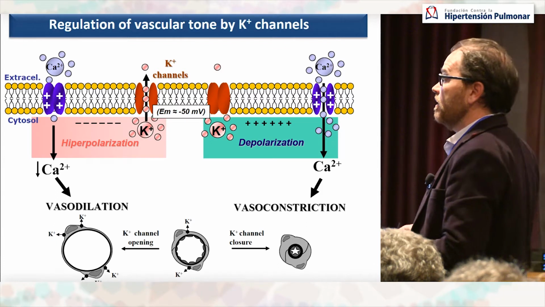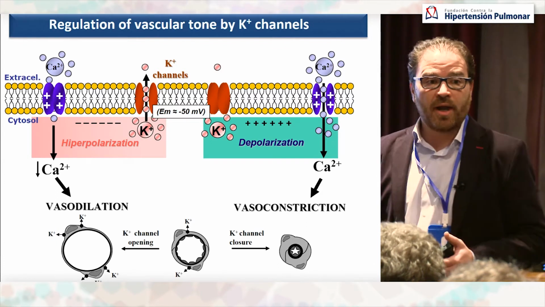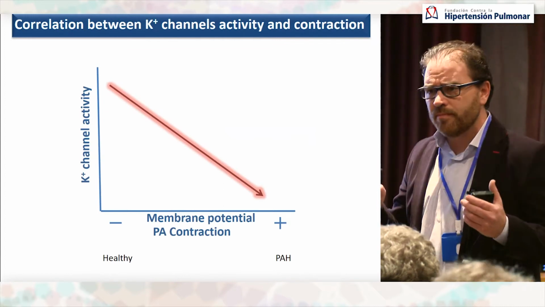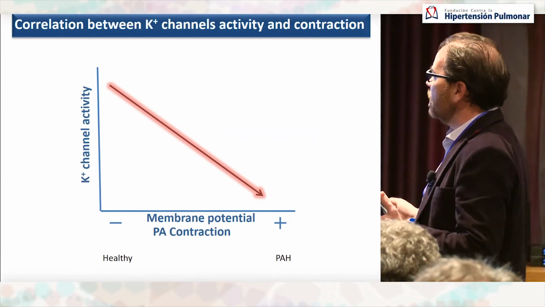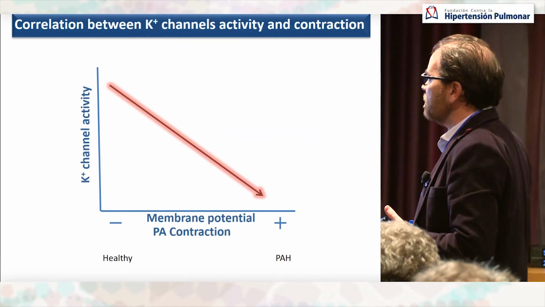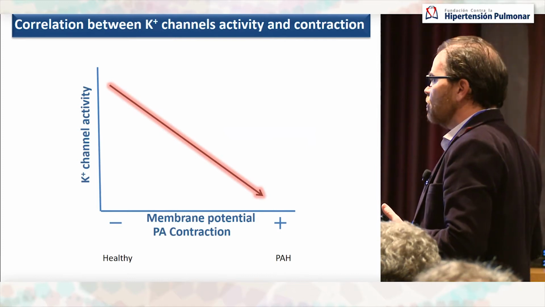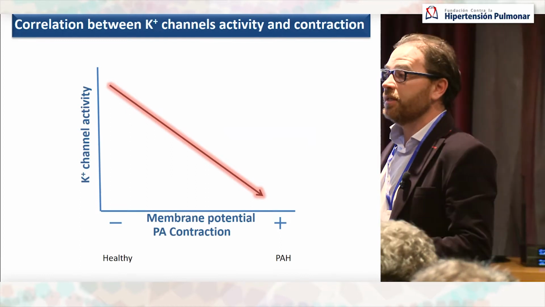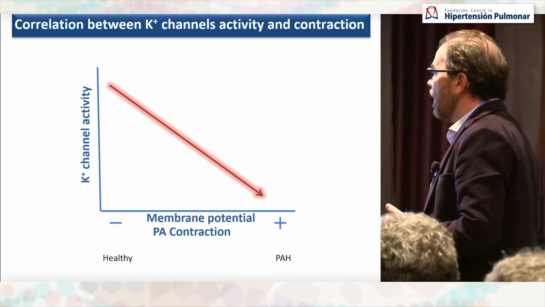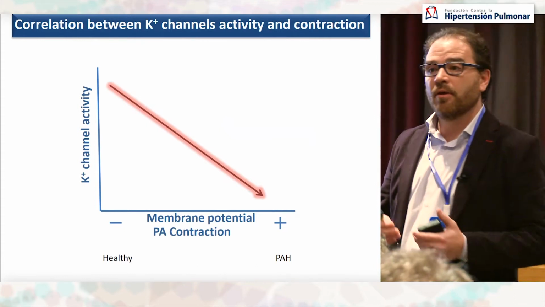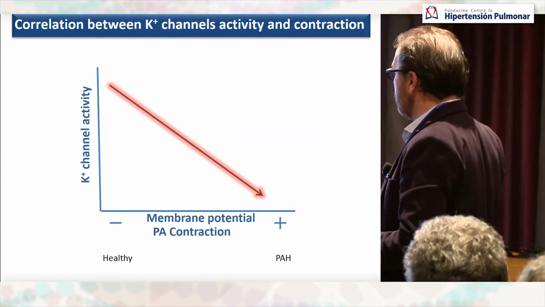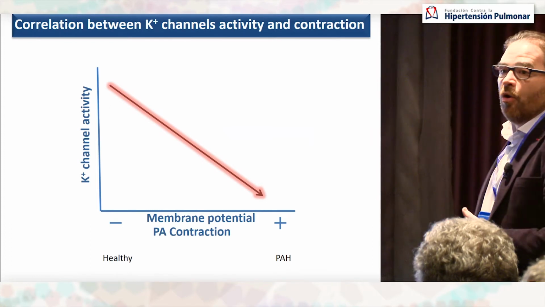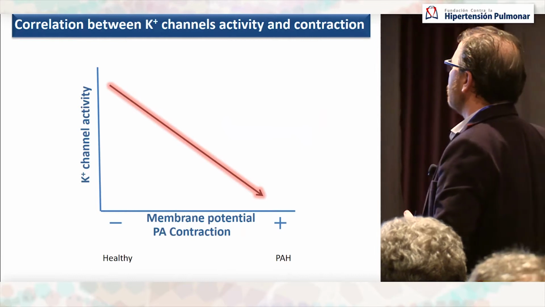The same can be said for other important processes in pulmonary hypertension, including proliferation. So the very basic message is that as the potassium channel activity is reduced, that turns the membrane potential in these myocytes more positive, and that enhances pulmonary arterial contraction and proliferation. And therefore, that is important in the development of diseases, including pulmonary arterial hypertension.